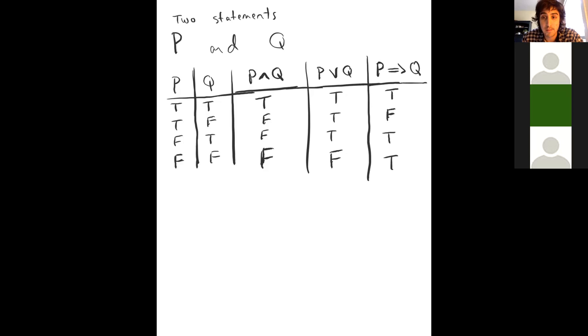P implies Q is a causal relationship. For example, if you get above 90%, then I'll give you an A. That's my promise to you. If you get above 90 and I don't give you an A, I've lied.